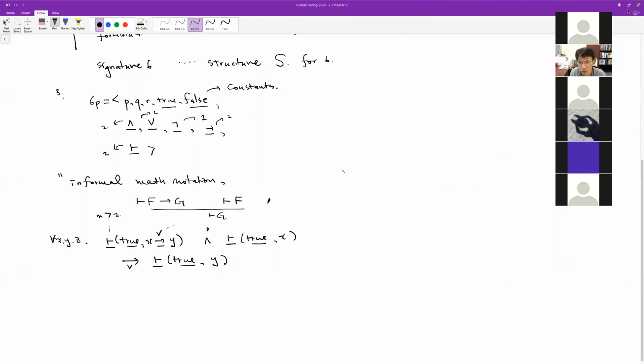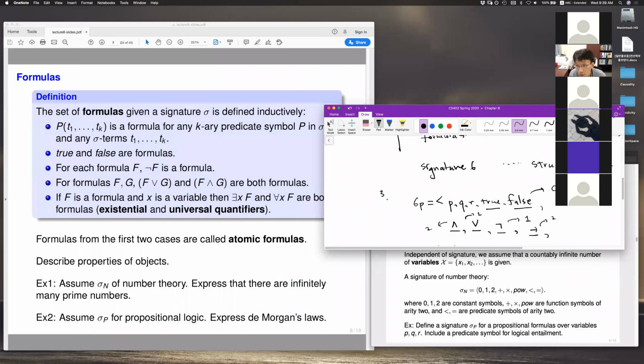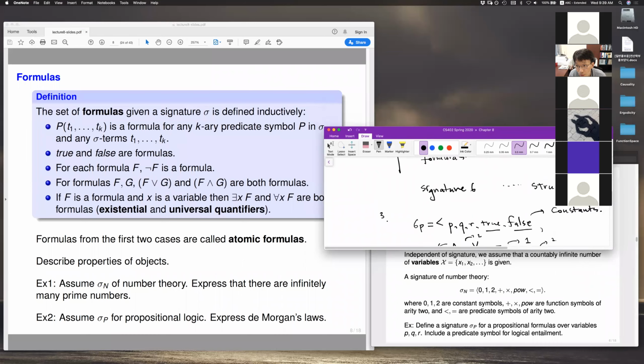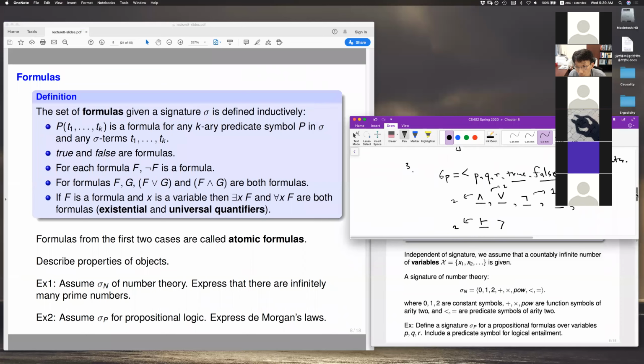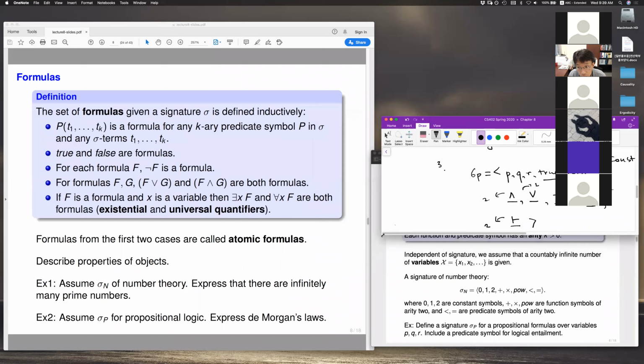Sorry about this. Okay, so use these two to solve the problem. I will give you maybe 3 minutes to solve both of these.